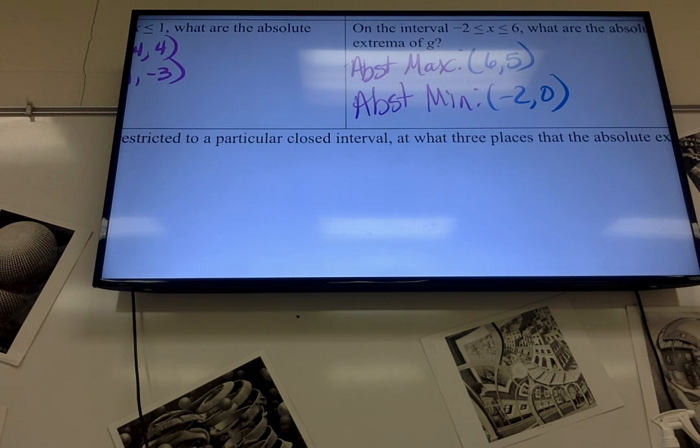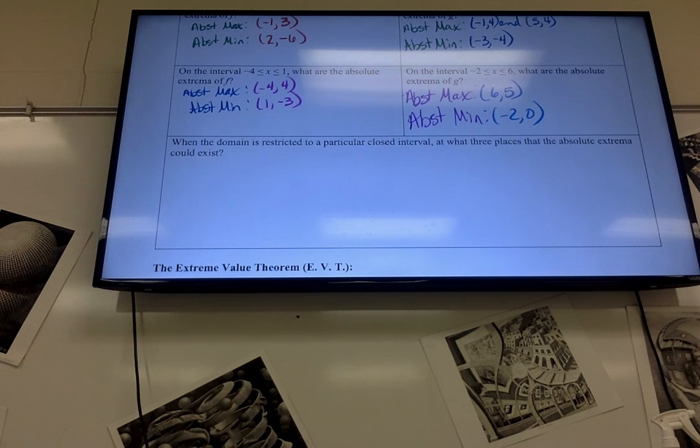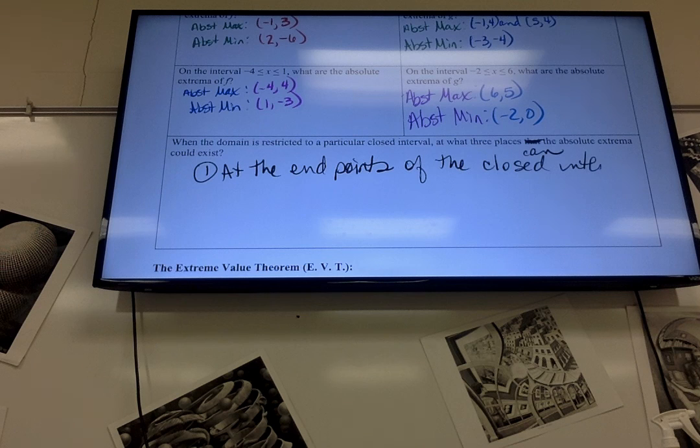Okay, so when the domain is restricted, so like I say, just from here to here, on a particular closed interval, at what 3 places can the absolute extrema exist? Yep, it can be at the endpoints of the closed interval.